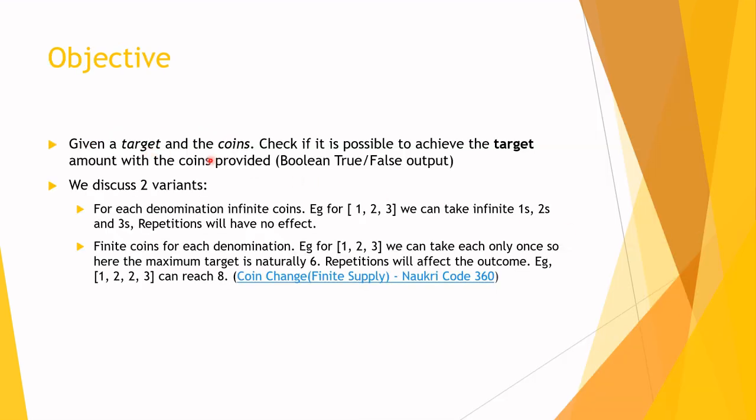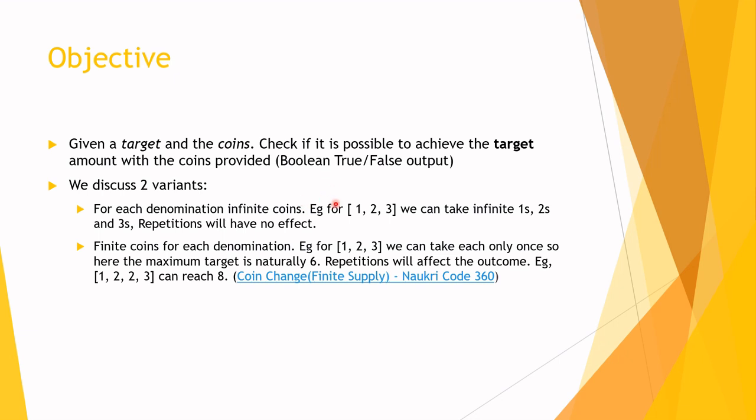Now the objective: on my slides, I have slightly modified it. In my presentation, I'll be showing a slightly modified coin change problem, where we are given the target and coins, and we just check if it is possible to achieve the target with the coins provided. It's just a boolean true or false problem.